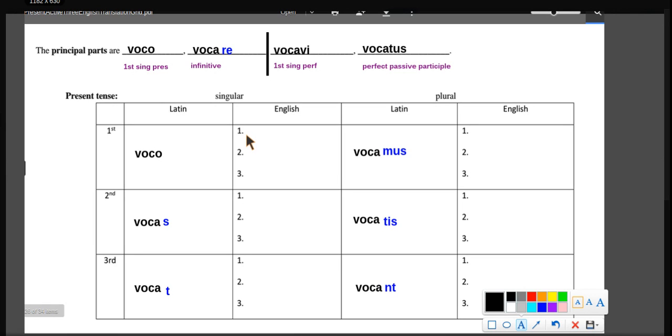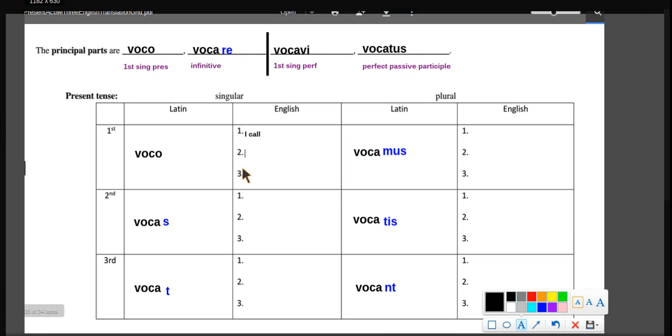Okay? So when we come to translate the form voco for the present, by far the most common translation would be I call. However, there are different translations. The remaining two use what are called helping verbs. Most often in English, tenses will be indicated by using helping verbs.